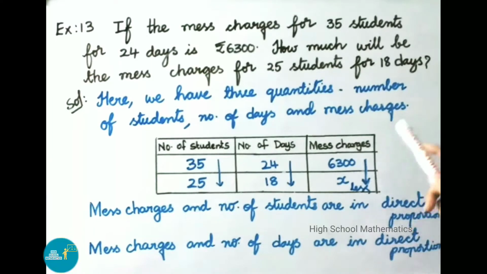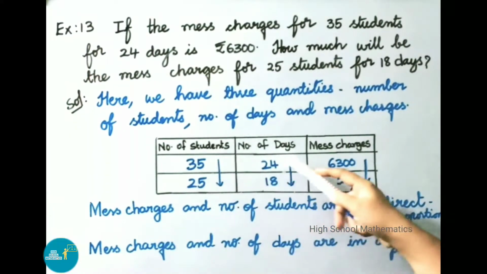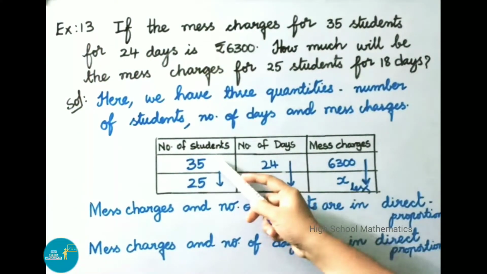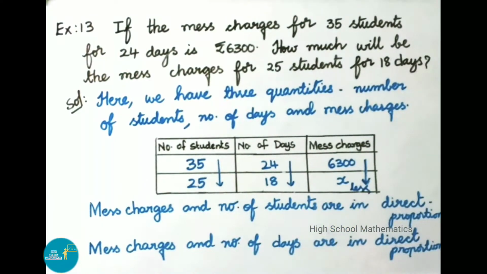Here, the mess charges depend upon both the number of students and the number of days. So we have to find the compound ratio for the number of students and the number of days.